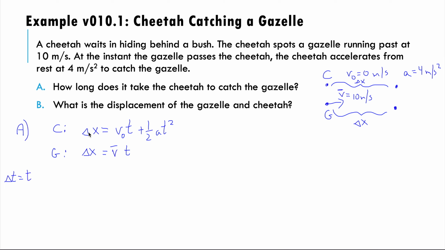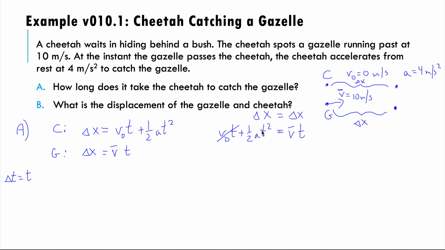All right, so now all we have to do is set these two displacements equal to each other and then solve for time. So we're going to have v initial t plus 1/2 a t squared, right? The delta x equals the delta x, equals the average velocity times time. Now, we said that the initial velocity was 0 for the cheetah, so that crosses out this whole term.